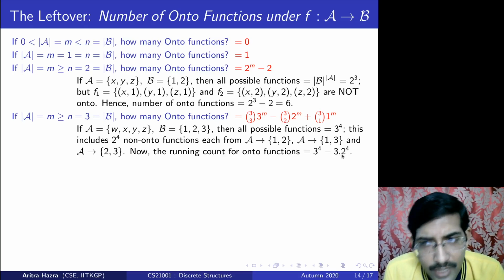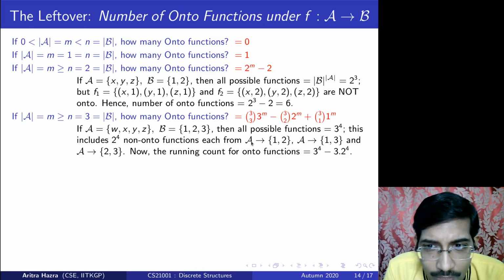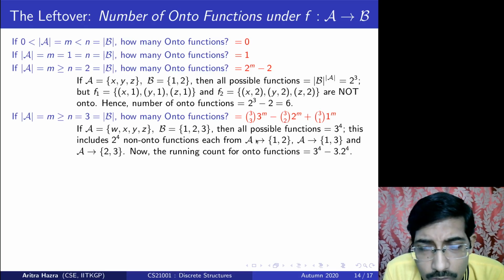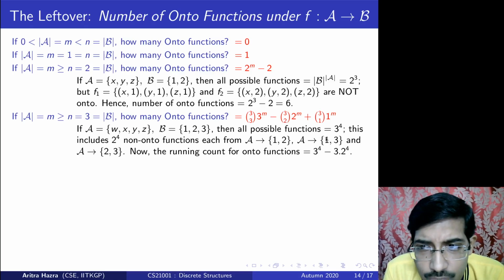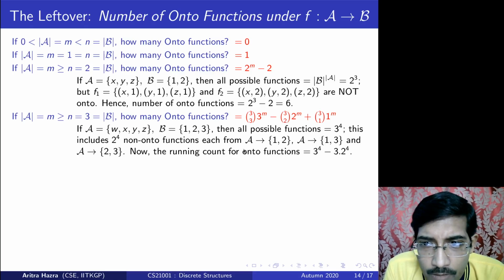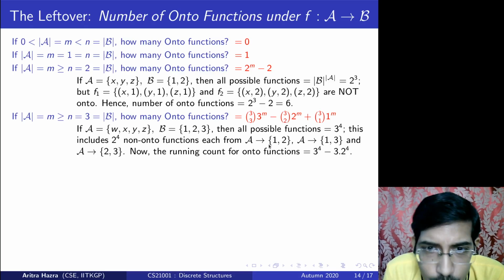Are we done? Not yet, because when you say that I will remove functions from A mapping to 1, 2, and also I will remove functions from A mapping to 1, 3, you have also removed W1, X1, Y1 and Z1 while removing it here, because those constant functions are getting removed here also.